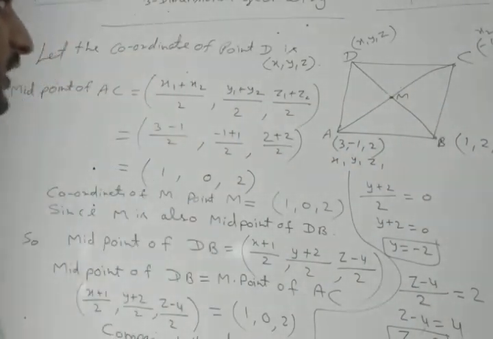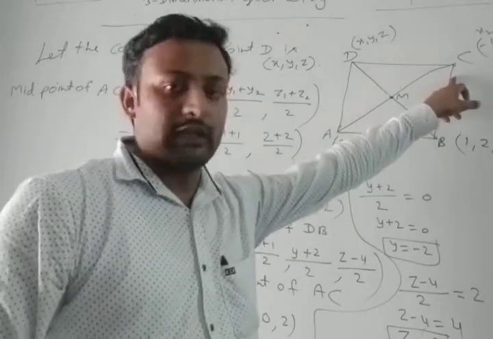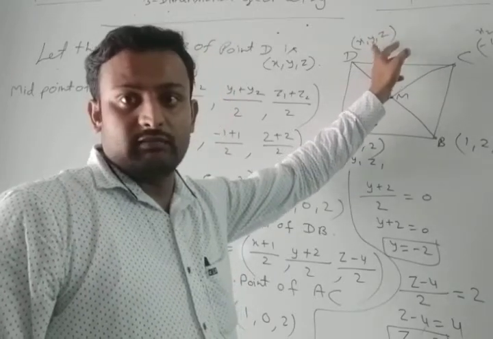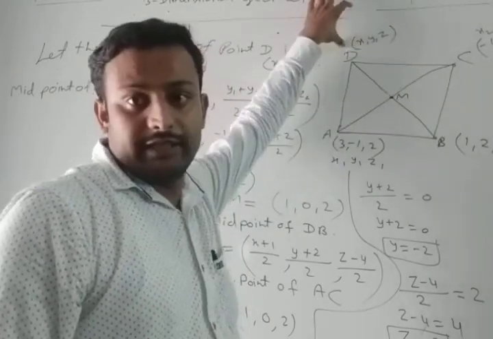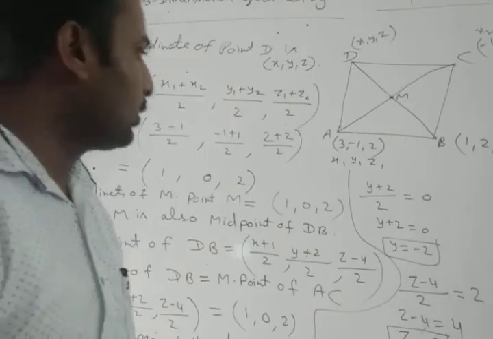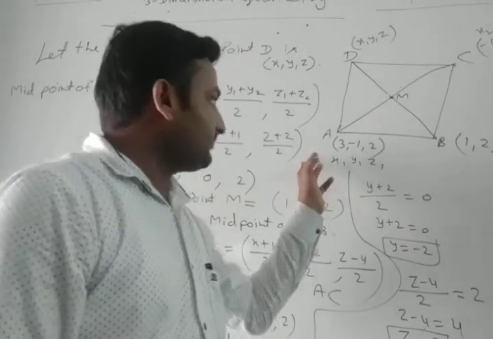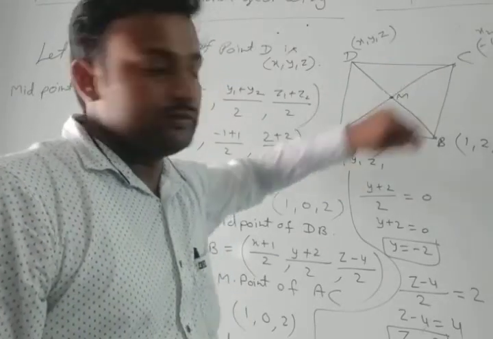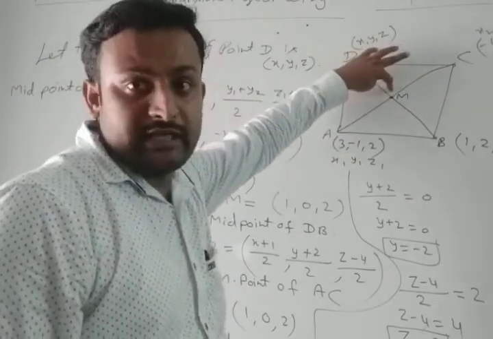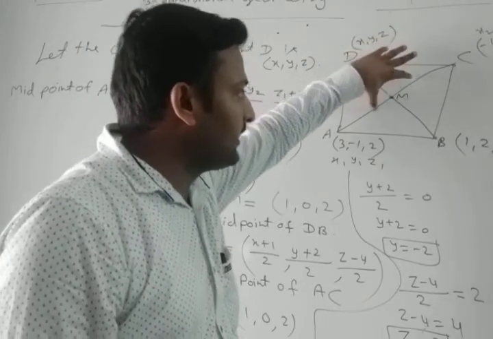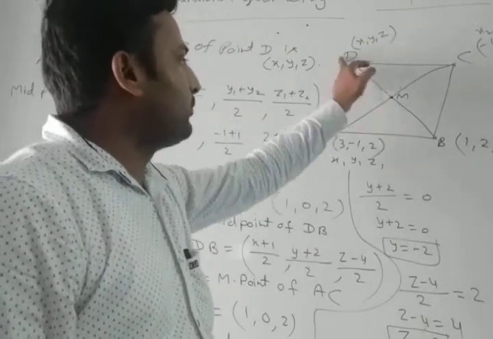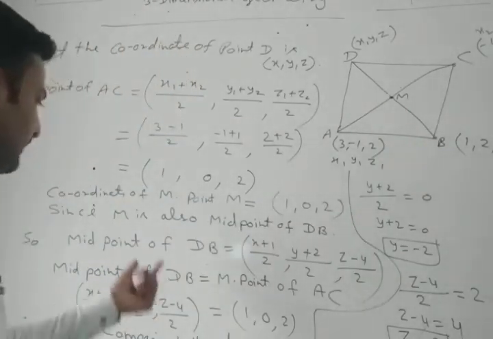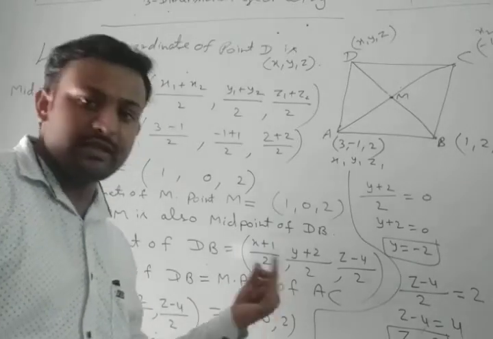What we have done: we were given three vertices of the parallelogram and we had to find the fourth vertex x, y, z, the coordinates of D. We already know that the diagonals of a parallelogram bisect each other. So M is the midpoint of AC and also the midpoint of BD. So we equate the midpoint of DB to the midpoint of AC.